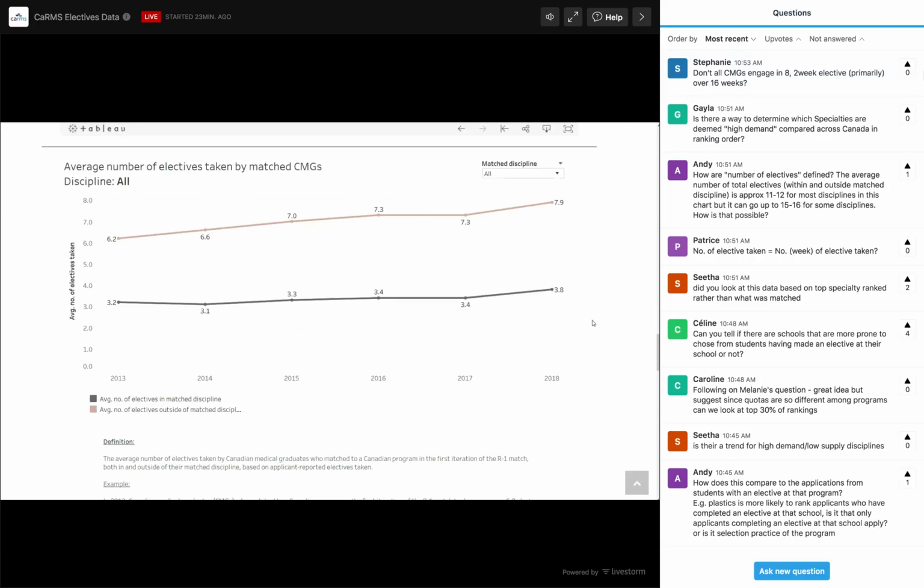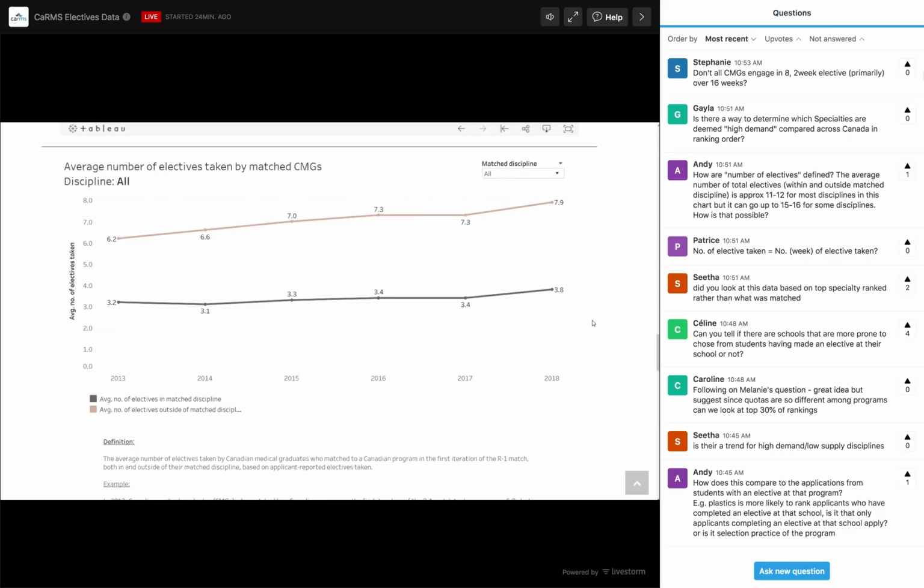Gayla asks, is there a way to determine which specialties are deemed high demand compared across Canada in ranking order? Gayla, if you go to the CaRMS forum deck from 2018, there are a couple of slides in there that talk about supply and demand, and list the disciplines that are considered high demand, which means that there are more Canadian medical graduates indicating that discipline as their first choice than there are positions available.